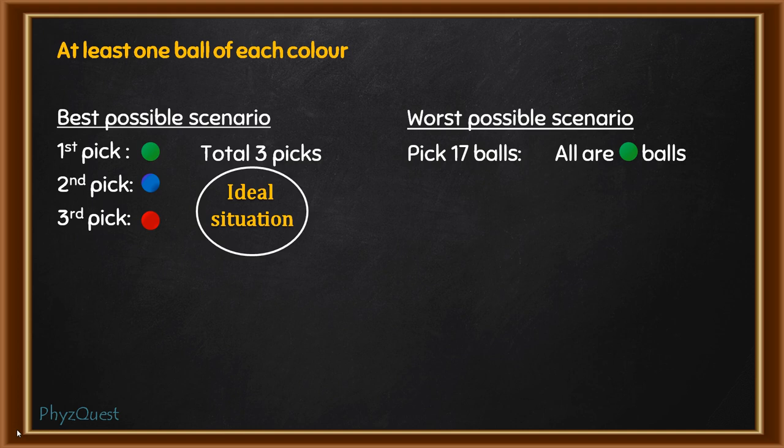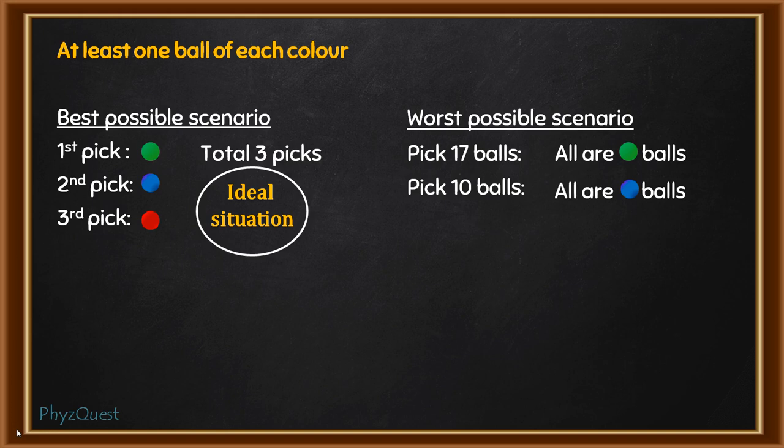Let's suppose we again pick 10 balls. Again the worst possible scenario would be all are blue color balls. Here we have already picked 27 balls. Whatever ball is left in the bag will be only red color ball.